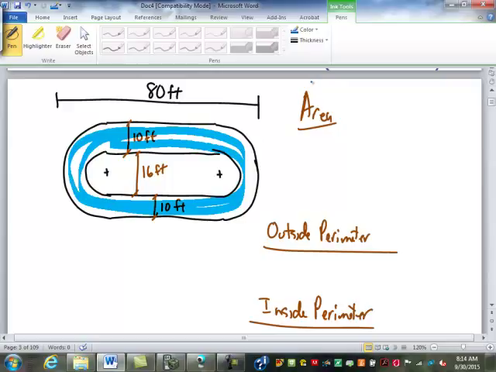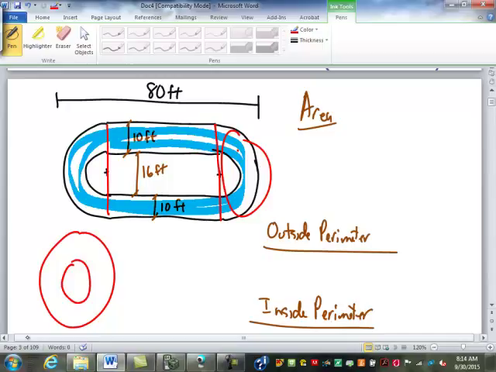Okay. For area, sometimes it's not about just chopping things apart. Sometimes you rearrange them and put them back together. Like if I cut this off like this, and I put those two pieces together, I get a donut ring like this. What is the radius of the big circle?